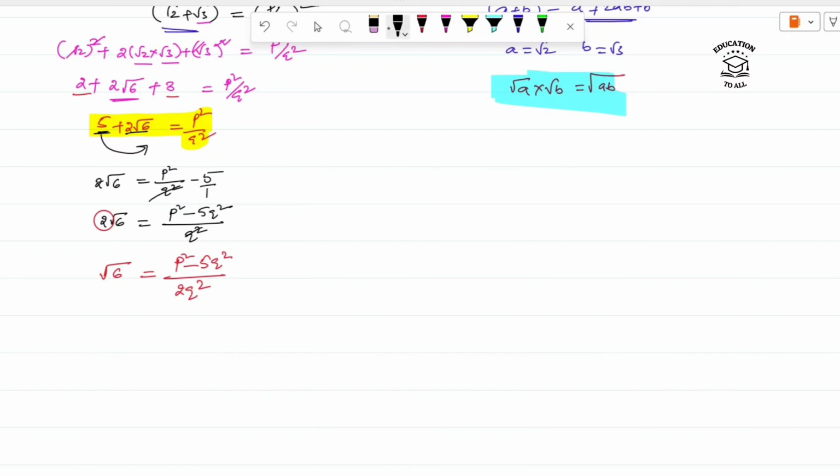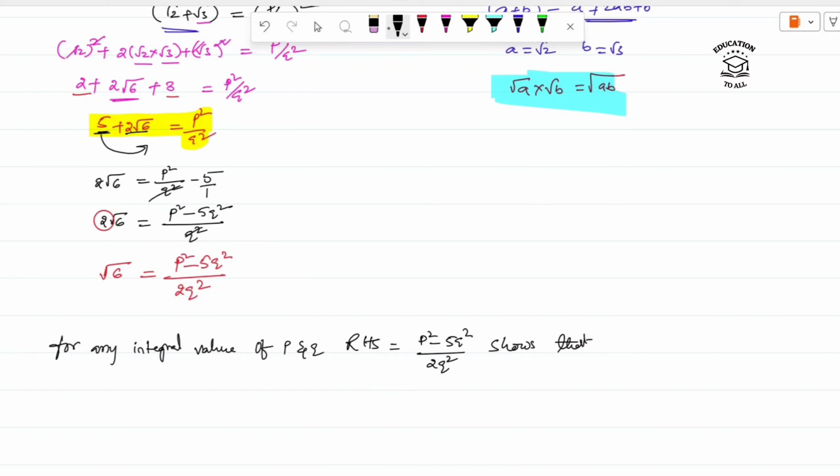Now observe the RHS, it is in the format of a rational number. So for any integral values of p and q, RHS, what is RHS? p square minus 5q square by 2q square shows what? Rational.